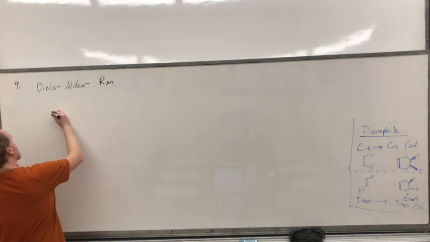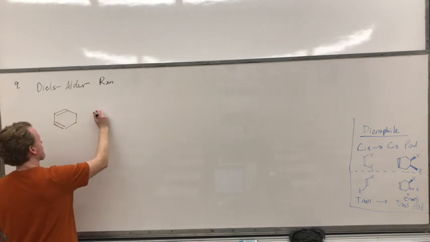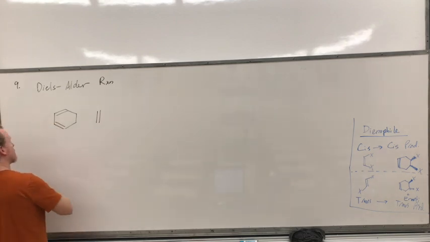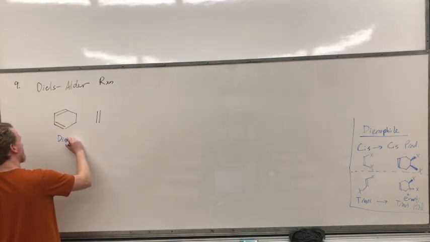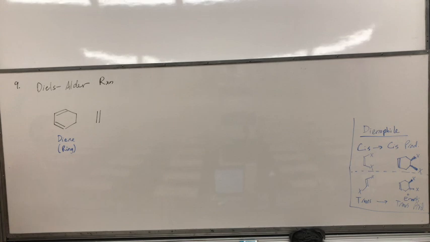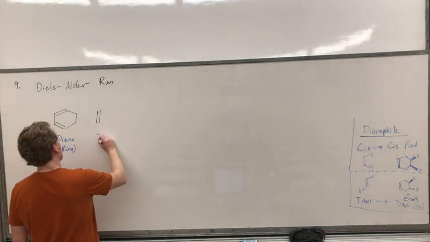So here's an example. If I have a diene like this, my diene, the diene is in a ring, some interesting things happen. And then here's my dienophile.